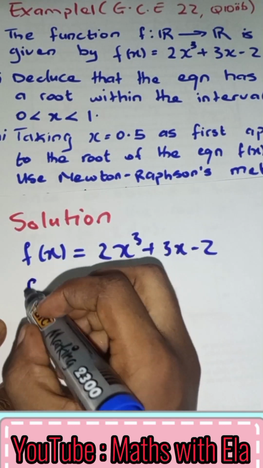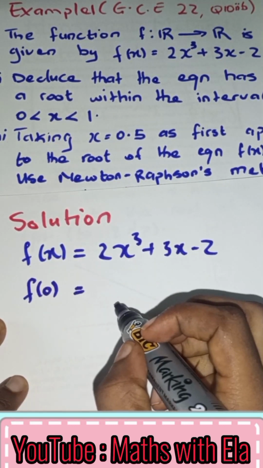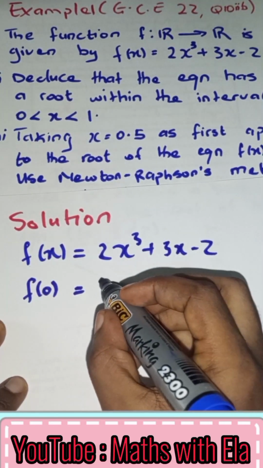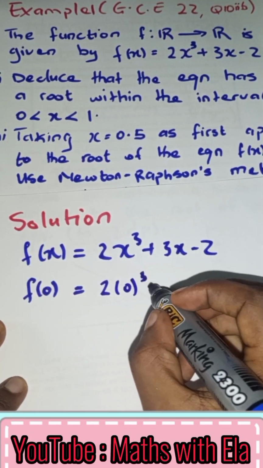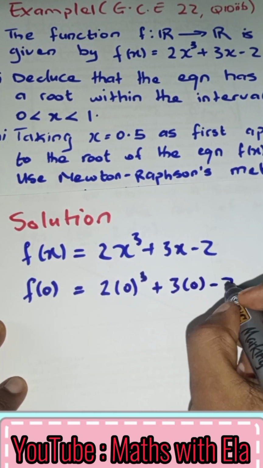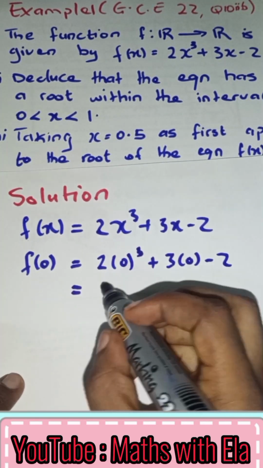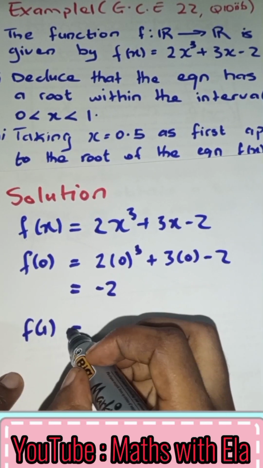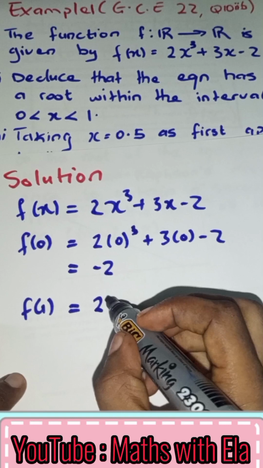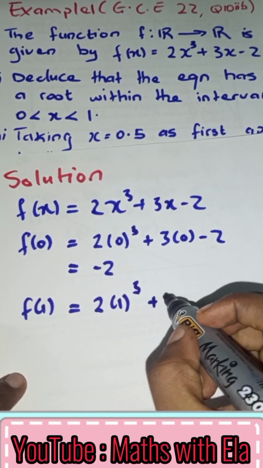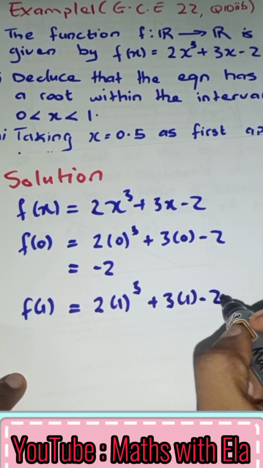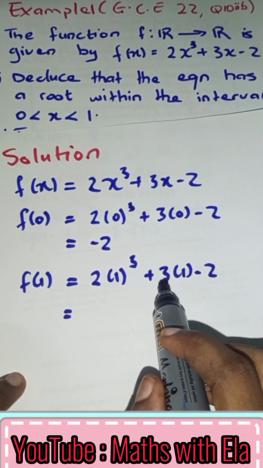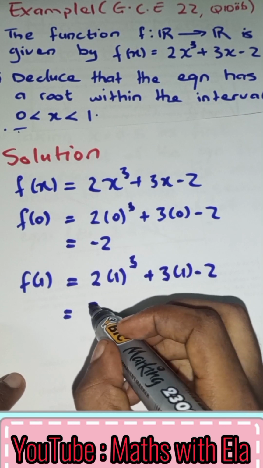First, f(0) is 2 into 0 cubed plus 3 into 0 minus 2, and that gives us negative 2. Now we evaluate f at the point 1: 2 into 1 cubed plus 3 into 1 minus 2, which is 2 plus 3, 5, minus 2, and this is 3.